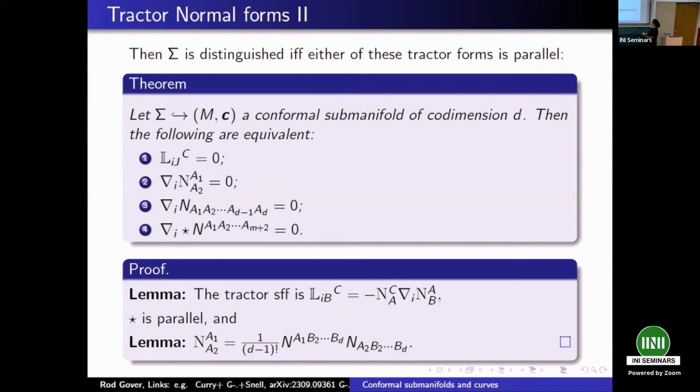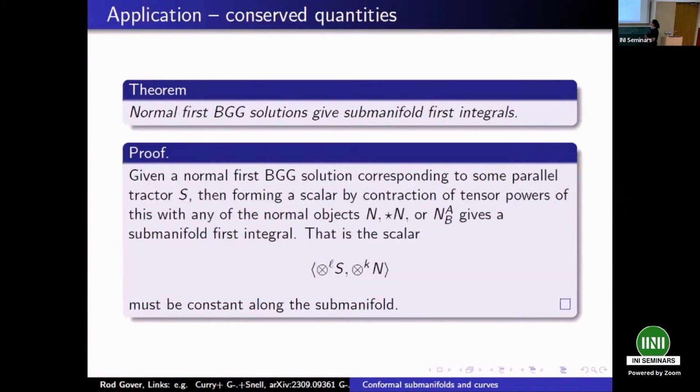It's clear that 2 implies 1 from this formula, and it's not so hard to go back. Then to see the link to these other ones, it's the observation that if you take these normal forms and contract one with itself in the right way, you get the normal projector back.